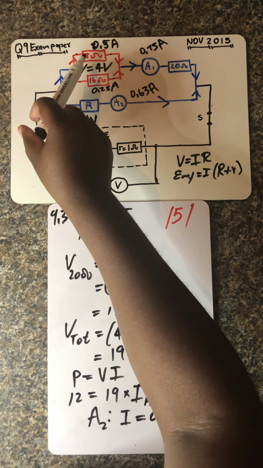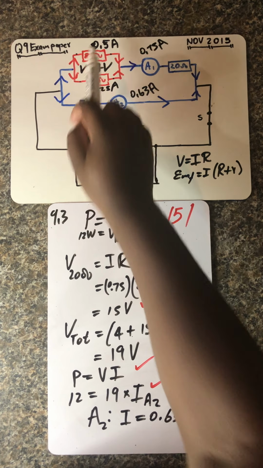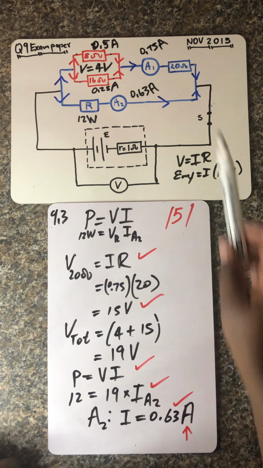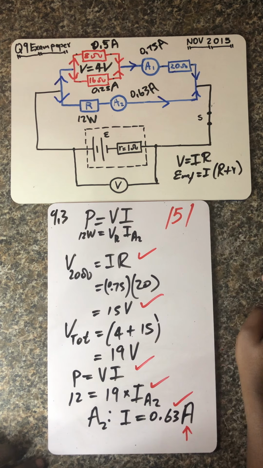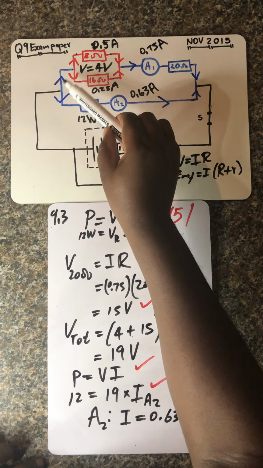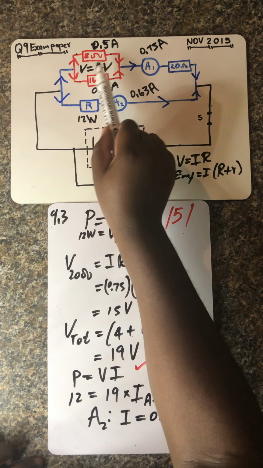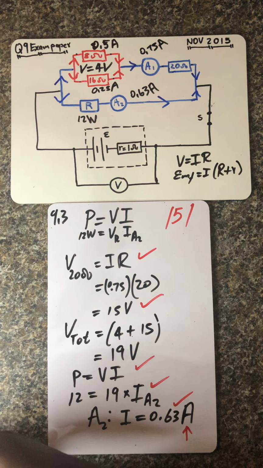So now you've got the combination of these two resistors, which is 0.75. So that means the current which is being shared amongst these two resistors is 0.75.